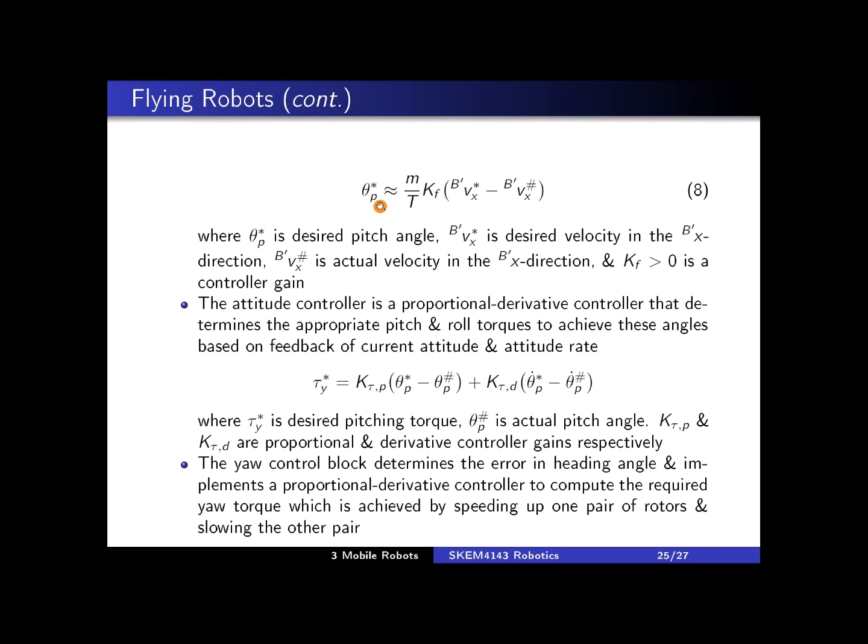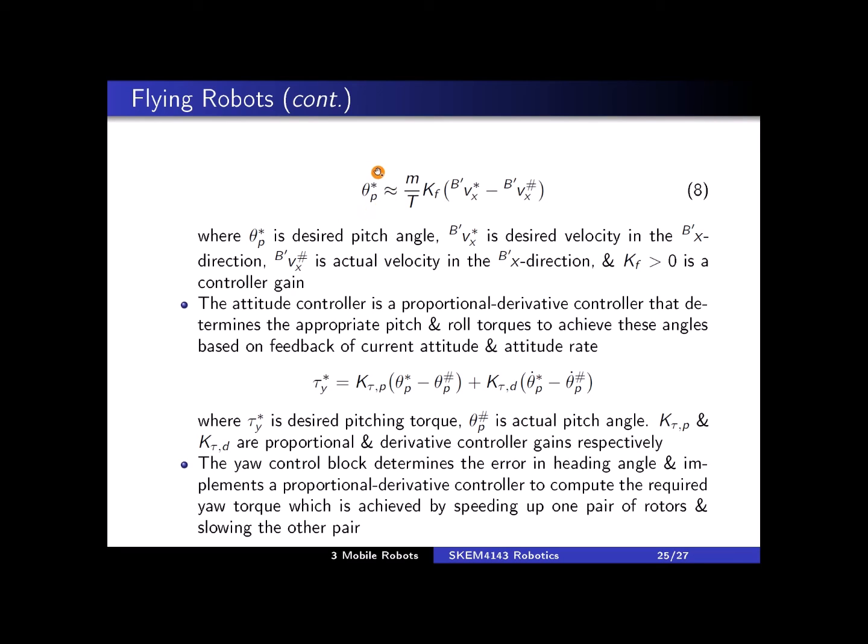So this is theta p star, the desired pitch angle, and there is another equation which outputs the desired roll angle, and these terms will be vy star with respect to B prime and vy hat with respect to B prime. Okay, so here this term is the actual velocity, and Kf is the controller gain.